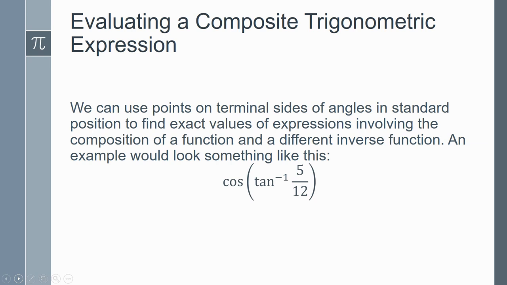We can use points on terminal sides of angles in standard position to find exact values of expressions involving the composition of a function and a different inverse function. An example would be finding the cosine of the inverse tangent of 5/12. We're not actually going to solve this particular one, but notice how we're dealing with two different trig functions.